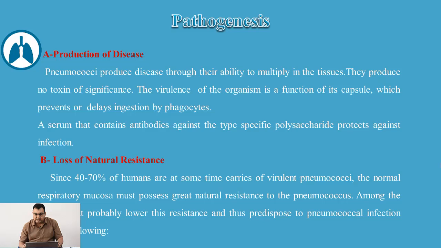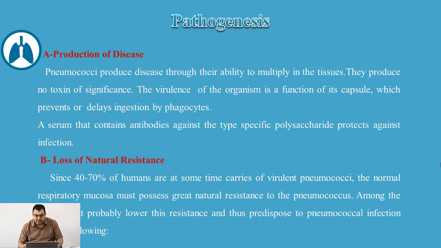Pathogenesis. A. Production of disease. Pneumococci produce disease through their ability to multiply in the tissue. They produce no toxin of significance. The virulence of the organism is a function of its capsule, which prevents or delays ingestion by phagocytosis. A serum that contains antibody against the type-specific polysaccharide protects against infection.